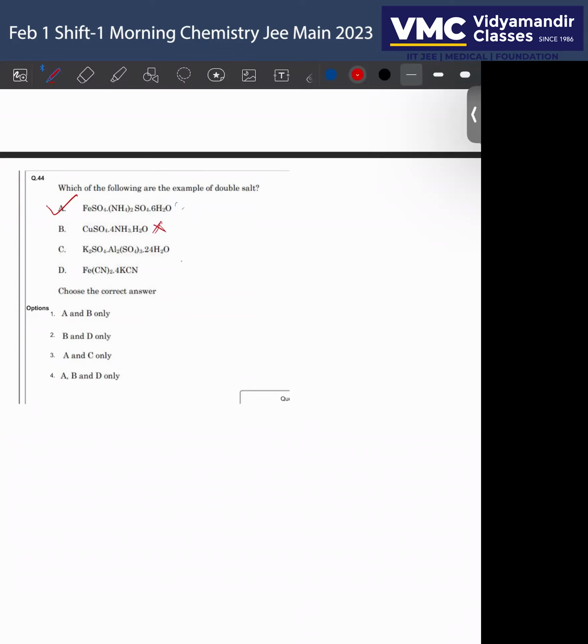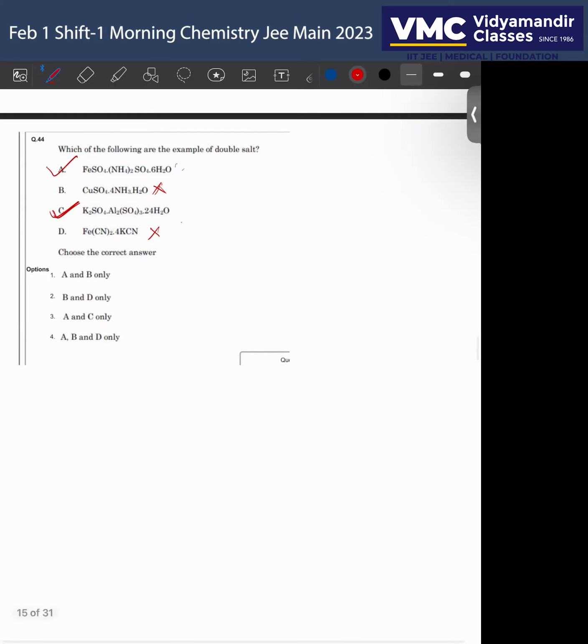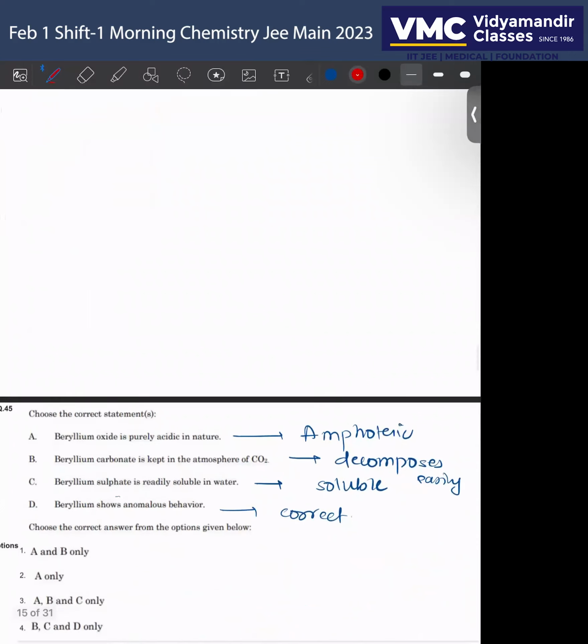It is not a double salt. C is also a double salt, that is potash alum. D is not a double salt, and hence A and C are correct. Therefore, the third option will match, and hence third is the right answer. Okay. Moving on to question number 45.